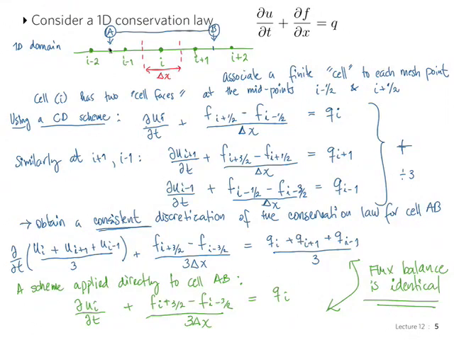In this case, it's just a 1D example, so the fluxes appear in the point A and the point B.